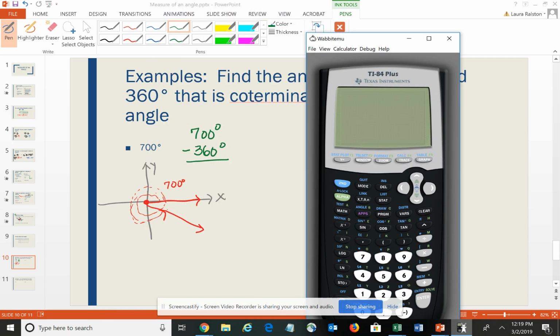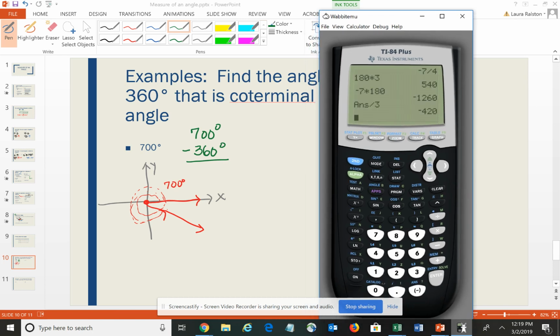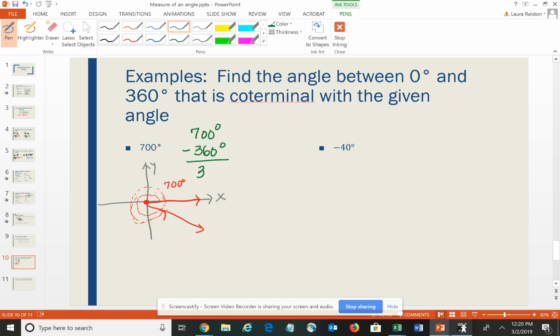So I would have 700 minus 360 degrees gives me an angle of 340 degrees, which is between 0 and 360. So if I'd only gone one partial revolution, I would have the angle 340 degrees.